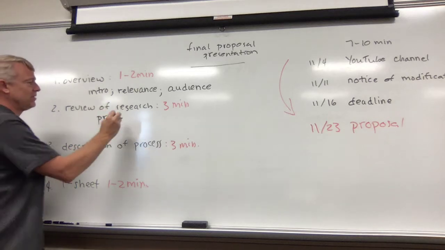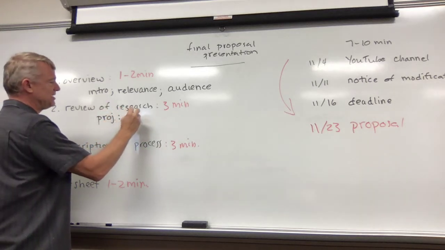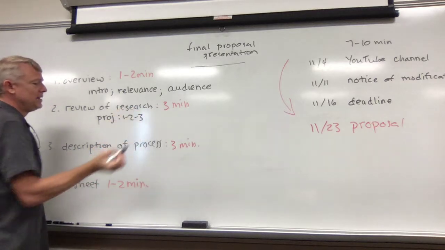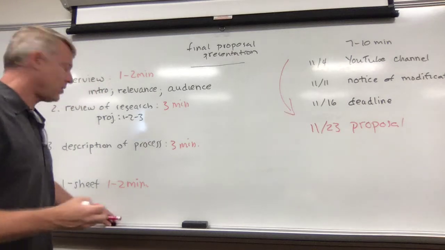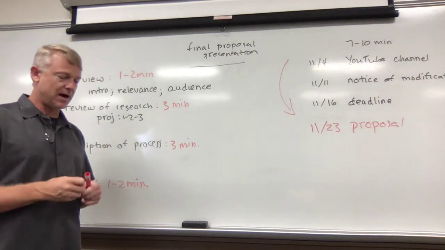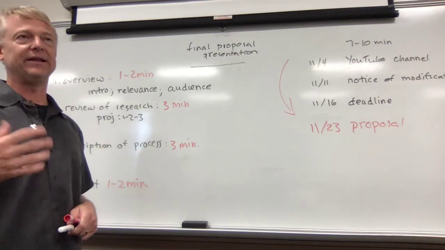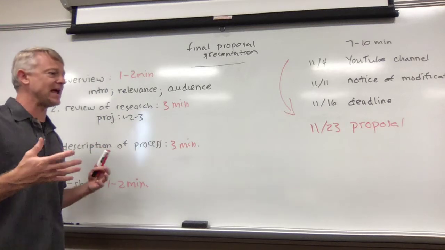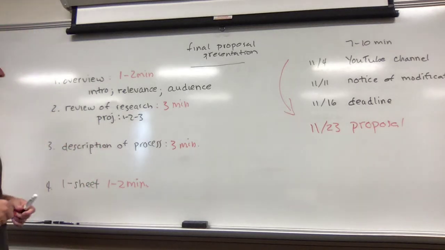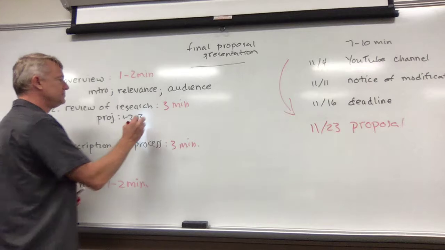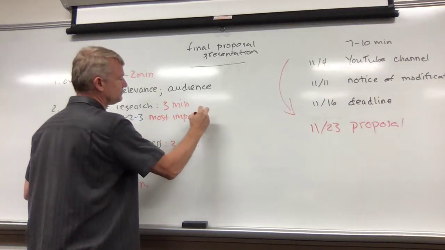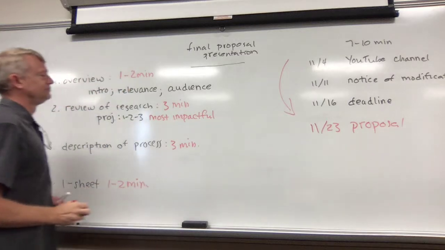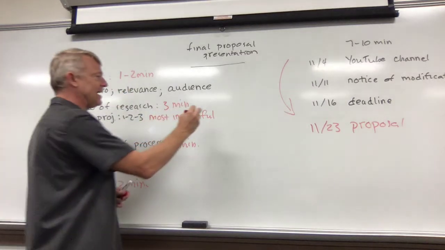So pick maybe 1, 2, or 3 of the articles that you read that were the most impactful, and show how those are going to relate to and provide guidance to understanding the meaning of the project. So, most impactful articles that you read and how they guide understanding.